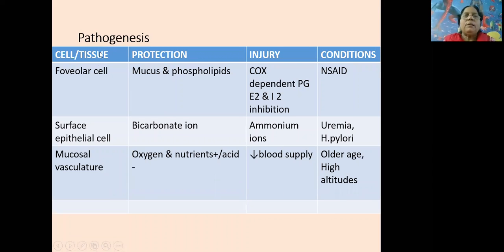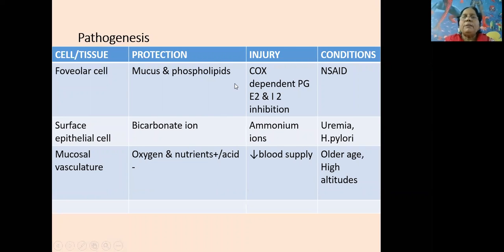So what are the secretory tissue, protective factors, injurious factors, and the conditions? The foveolar cells secrete mucus and phospholipids. They combine and have a protective effect.